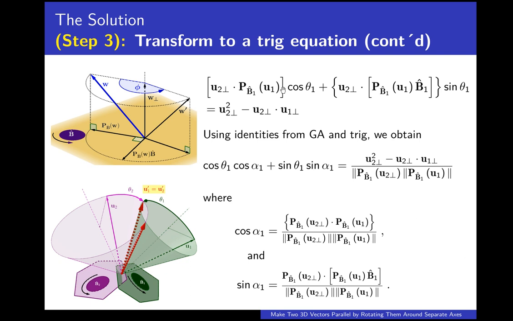We can transform that into, well, this is the cosine of the difference of two angles here. And cosine alpha 1 is this. Sine alpha 1 is this. And the details are presented in the paper that I mentioned earlier and which is linked in the description. So that is really the end of all the geometric algebra. The rest is just simple trig.